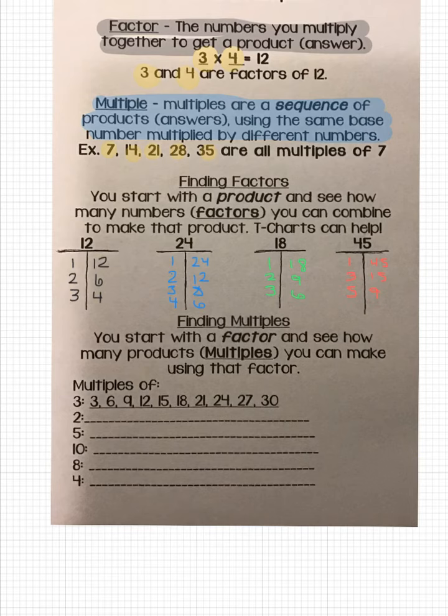Now we're going to talk about finding multiples. When you find a multiple, remember, a multiple is the answer, the product, in a sequence. So you start actually with a factor. Here we're going to start with 3 and see how many products, how many multiples, you can make using that factor.